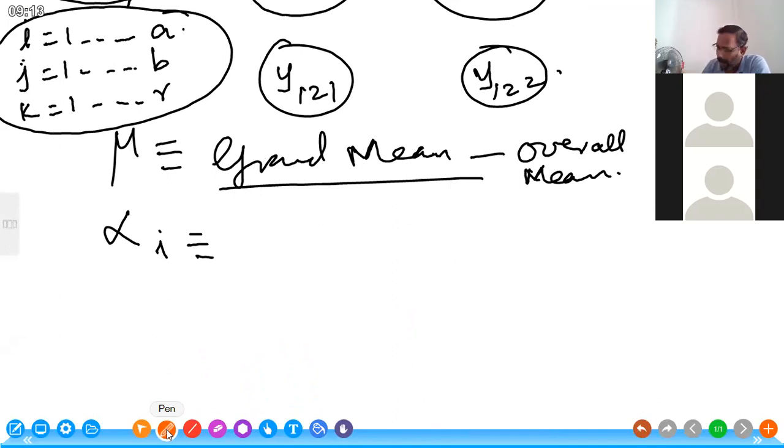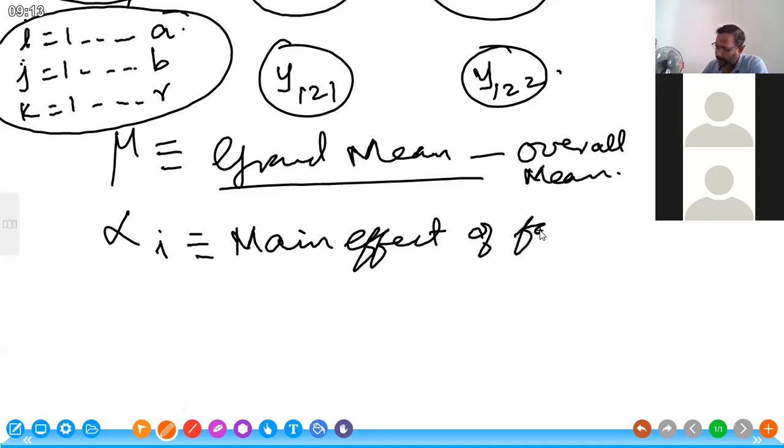Main effect of factor A. Because you remember I discussed main effects and the interaction. So main effect of factor A.